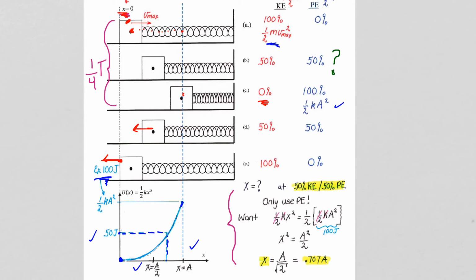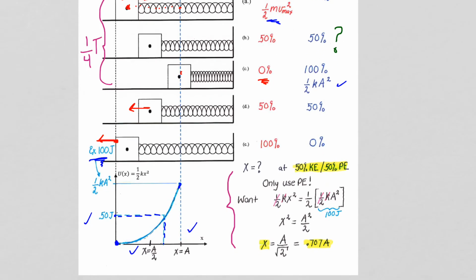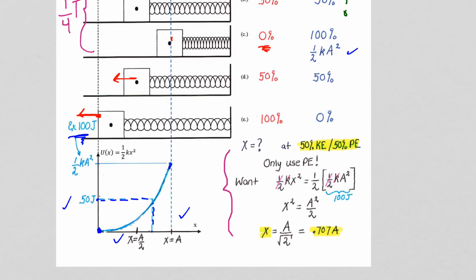So the last thing we have on this short page of notes is to look at where the block is specifically at the halfway point. The trick to solving this is to only focus on the potential energy. Don't use kinetic energy at all. So even though it's the half kinetic, half potential energy point, let's focus on the half potential energy point.